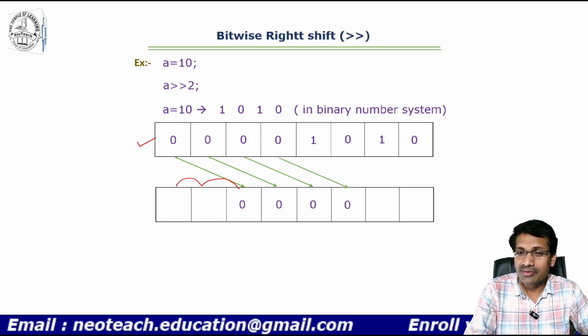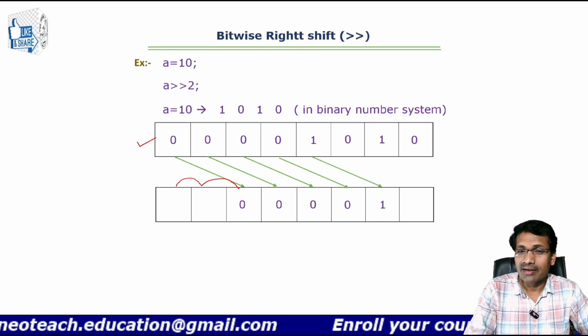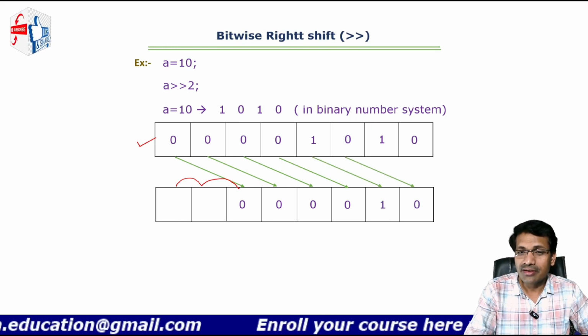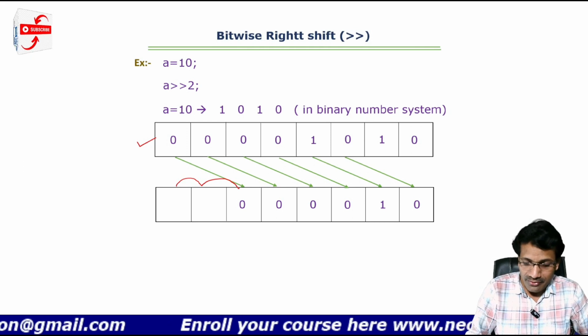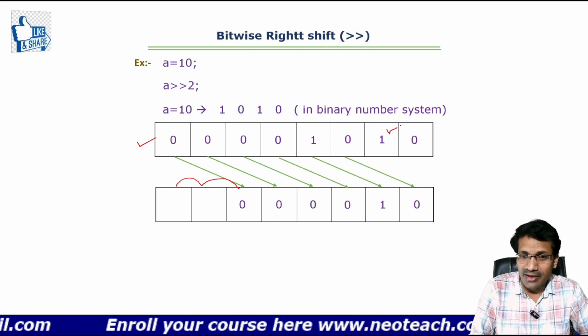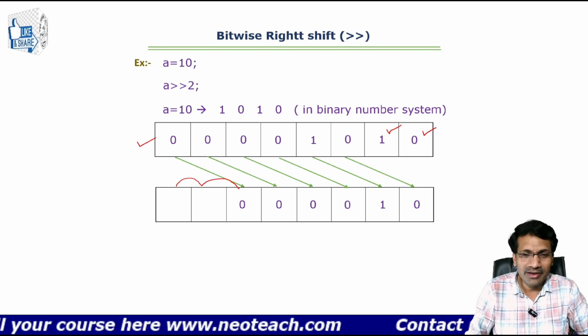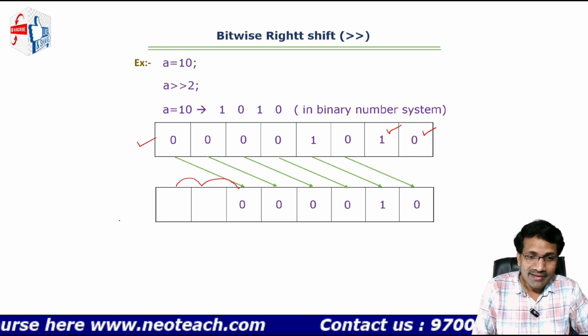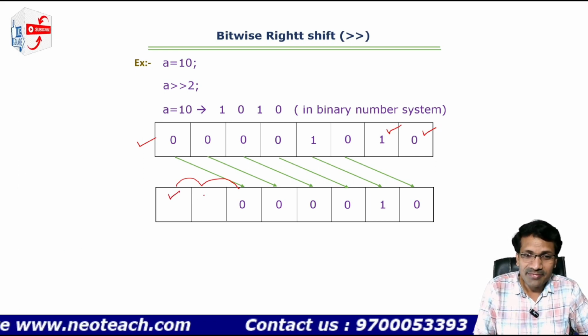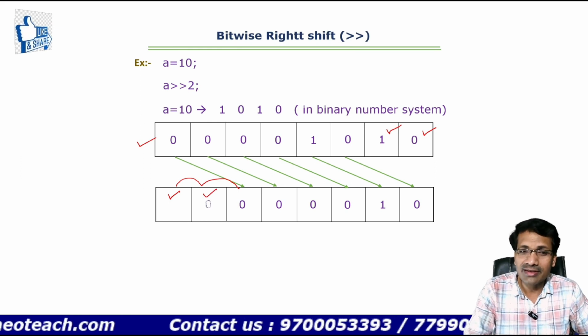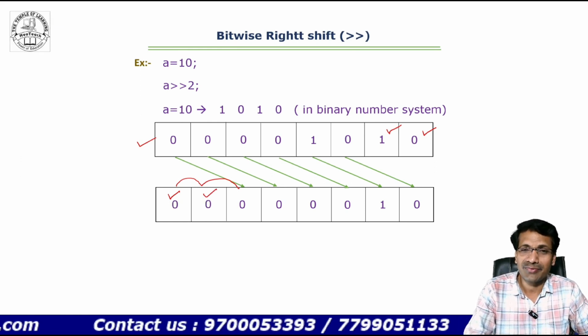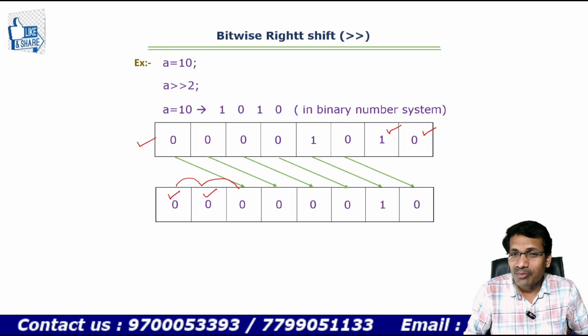Now 1 goes to there and the rest of the 0 will come to here. Now what about this, sir? 1 left and 0 left, just simply ignore them. So what about these empty cells, sir? The empty cells you can fill with zeros only. Okay, so now the shifting operation is done.